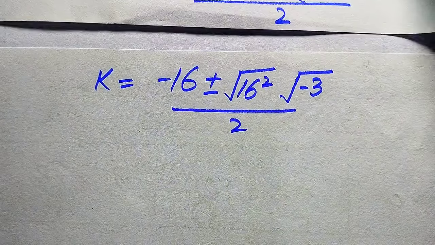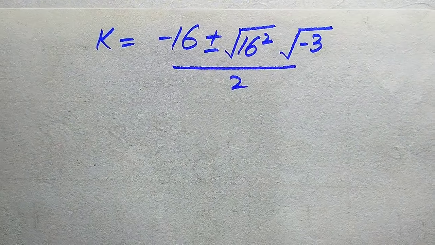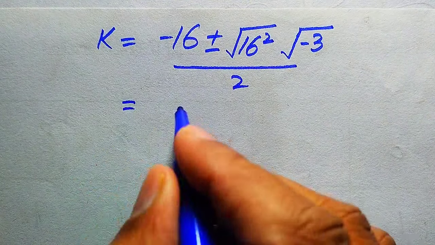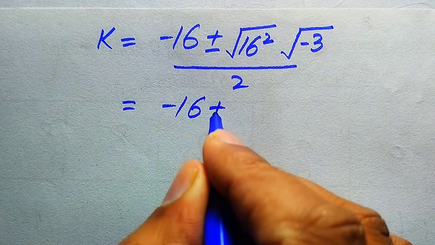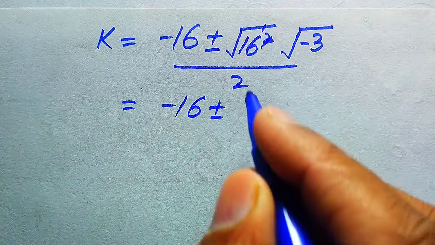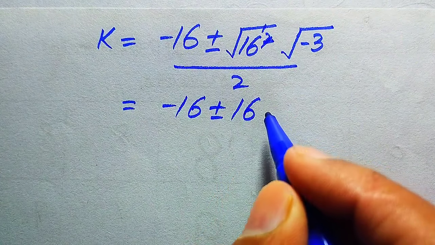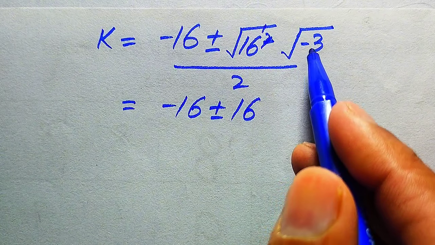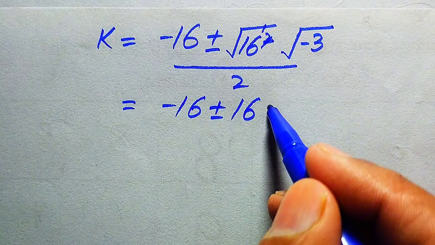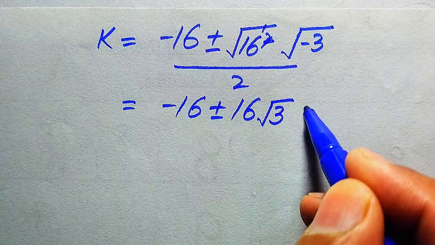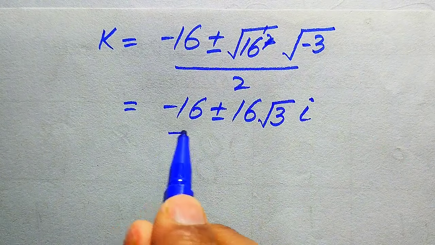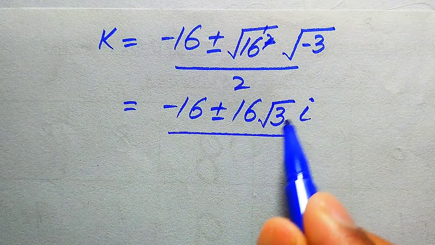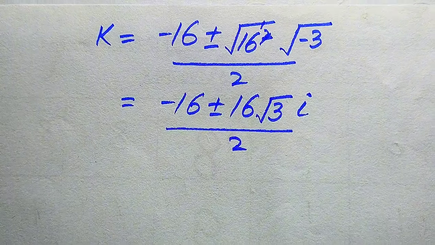So here we need more simplifications, and it will be written as minus 16 plus minus, where the 2 and this square root are gone, and we get 16 only. And here you see that when a negative sign appears inside the square root, it becomes iota. So this becomes 16 times square root of 3 into iota, divided by 2.